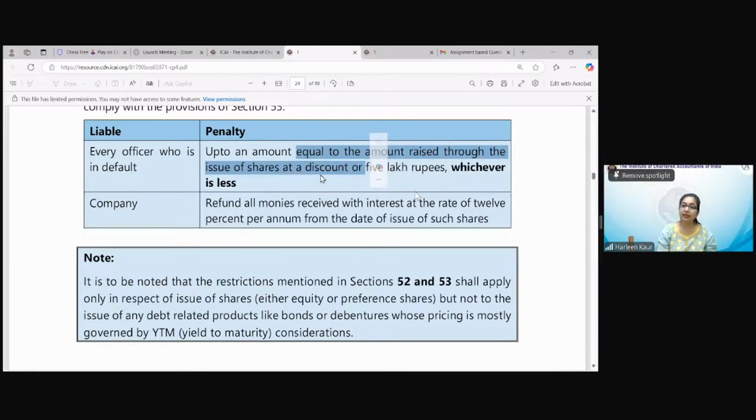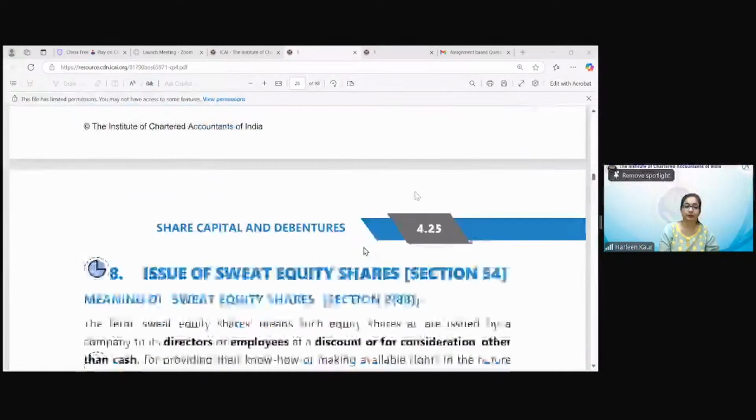So 50 lakhs, let's assume, or 5 lakhs. So his penalty will be 5 lakh rupees. What will be the penalty of the officer in default in this case? 50 lakhs or 5 lakhs? Very nice. All of you have answered it correctly. It is rupees 5 lakhs.